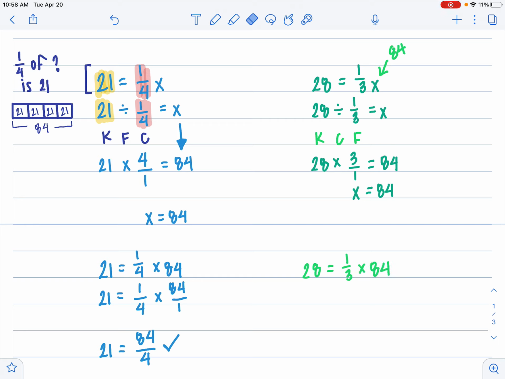And I'm going to use a dot to represent multiplication. It makes it a little bit more clear since we were working with the variable of x. And that's how we find the missing value in an equation involving fractions.